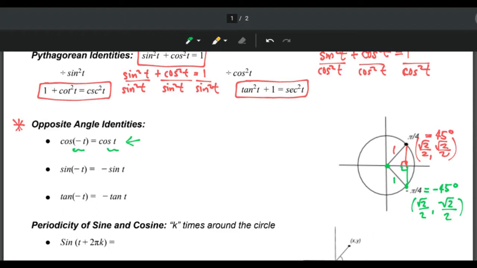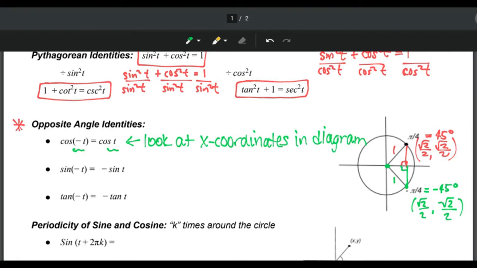So cosine of an angle and cosine of a negative version of that same angle is still going to be the same. And if you look at this diagram, the cosine would be the x coordinate. So for this particular angle of pi over 4 compared to negative pi over 4, both of the x coordinates are root 2 over 2.